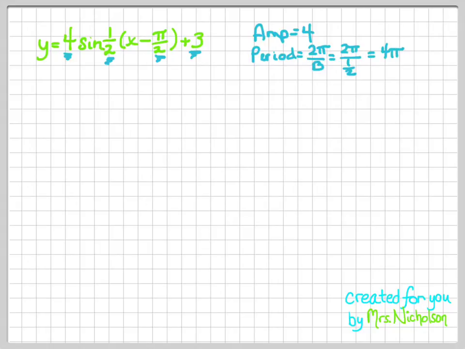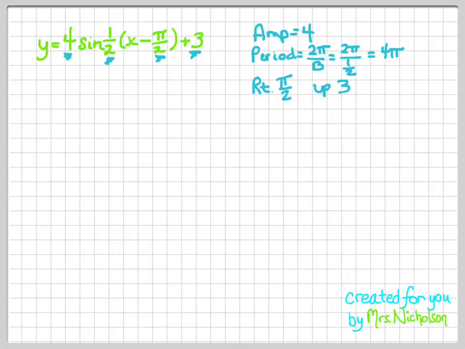So that B equal to 1/2 is going to stretch out our graph, stretch out the period to 4 pi. I have a C value of pi over 2, so that means I'm moving right pi over 2, and then a D value of 3. So we need to go up 3.